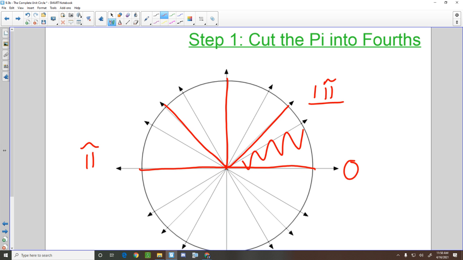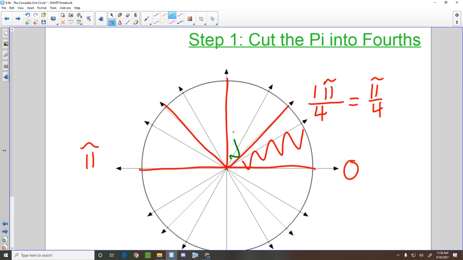What fraction? It's 1/4, isn't it? I have 4 slices and I'm taking one of them. That's 1/4 of the pie, or just pi over 4. And that's what that measure is in radians. It's pi over 4, that 45 degrees.